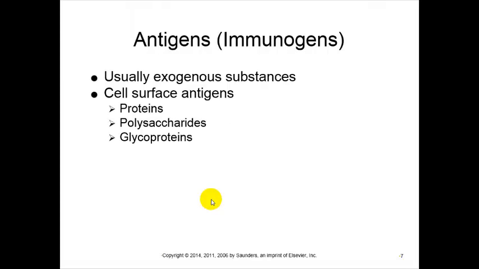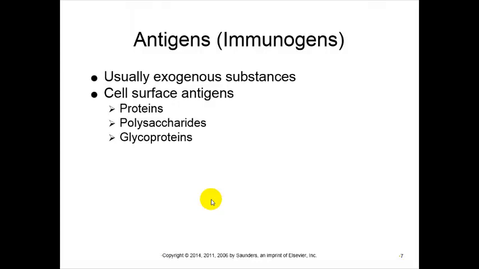So what are the antigens we usually talk about? When we say antigen, we're typically not talking about our self antigens, we're talking about our non-self antigens. They're usually exogenous substances, which means they are foreign substances found externally, and they're often cell surface proteins.